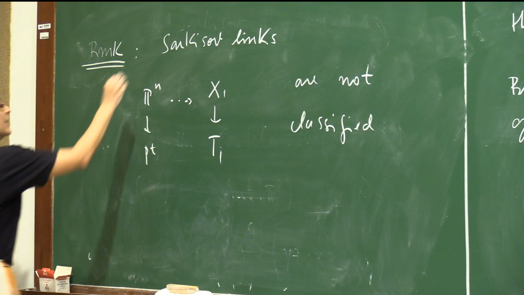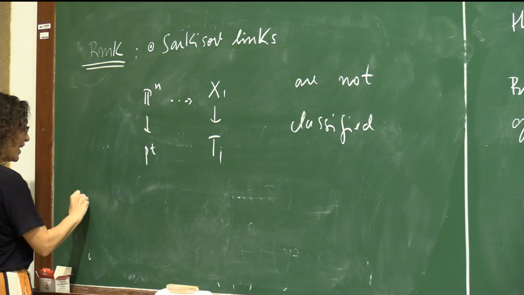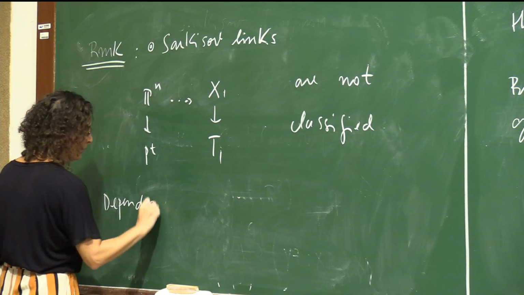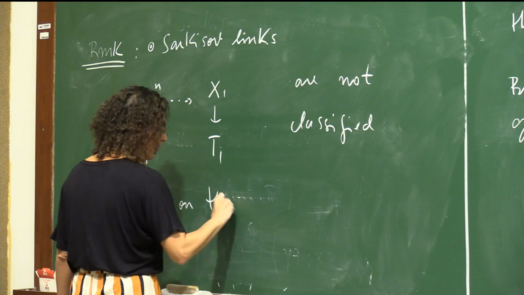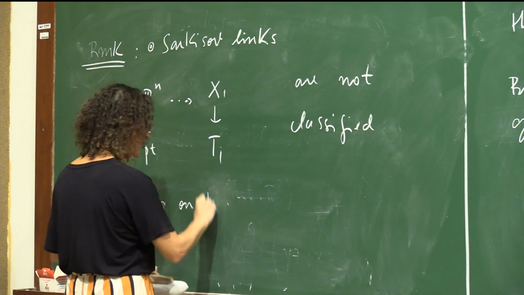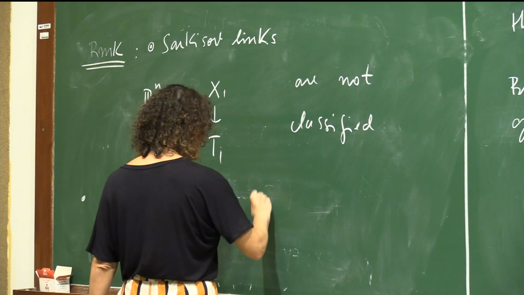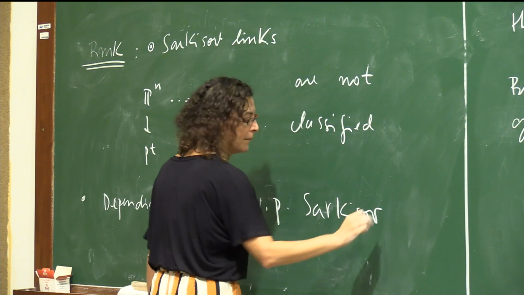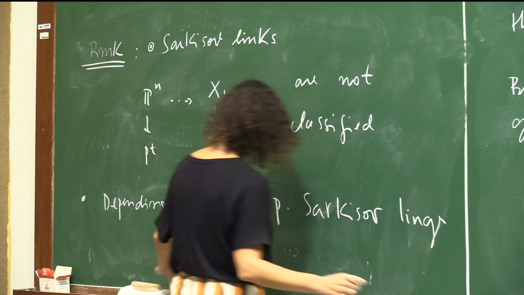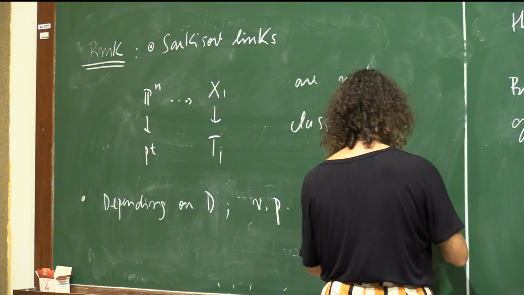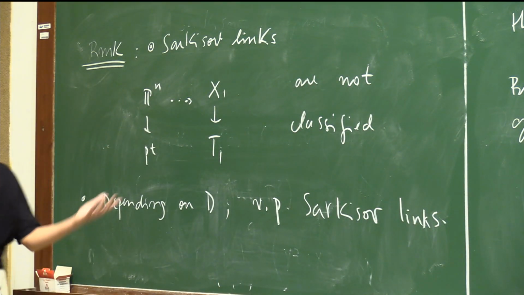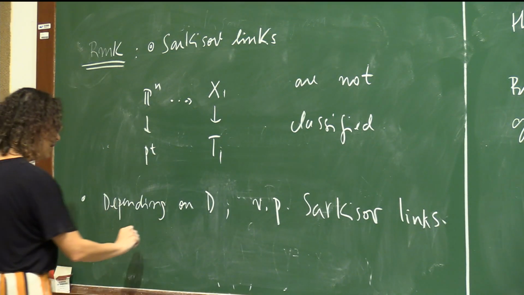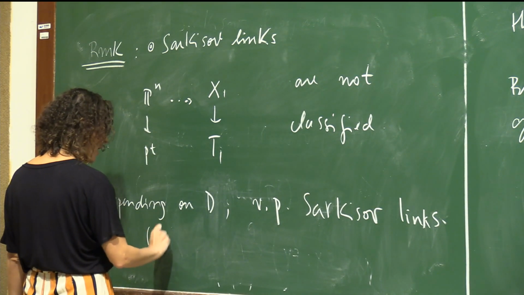On the other hand, depending on the complexity of the boundary divisor D, the volume-preserving Sarkisov links starting from Pn, where I'm assuming that D is a hypersurface of Pn of degree n plus 1, so that this XD is a Calabi-Yau pair.